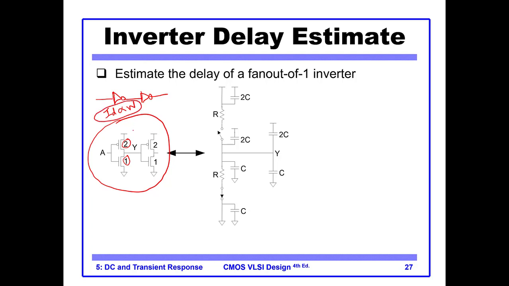So this 2 is our width, which means that if we want the PMOS to pass the same current as the NMOS, the size of PMOS should be twice the size of NMOS. This is a very, very important concept that will be repeatedly used throughout the delay calculation.